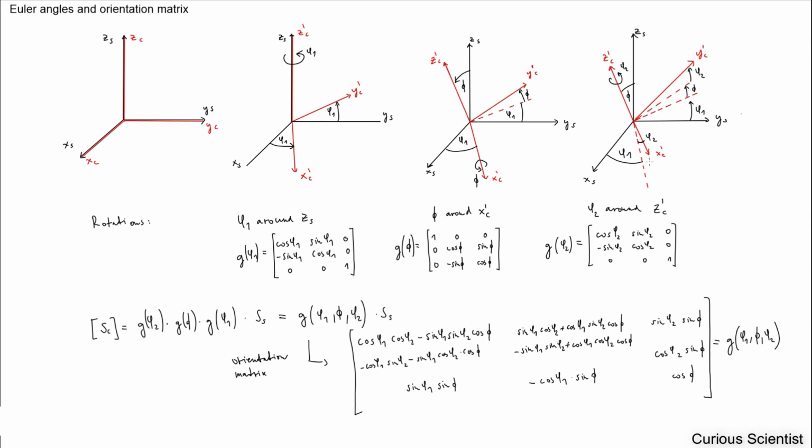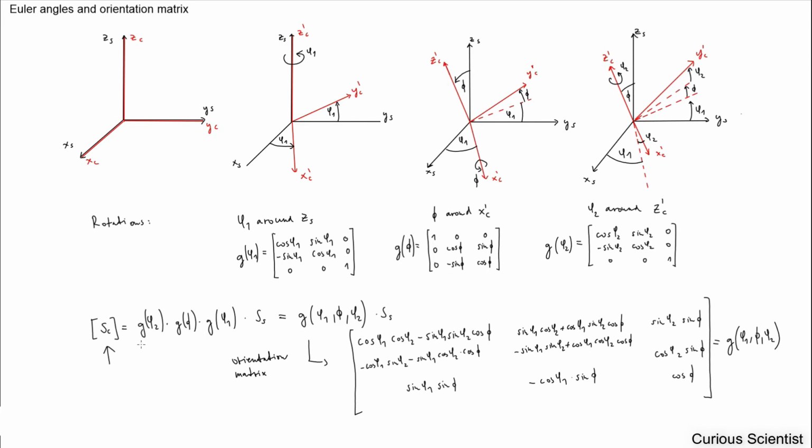We can combine these three consecutive matrices because we can just multiply them and apply this rotation on the specimen coordinate system, or the specimen coordinates. That's what we see here down. We want to express the SC, the coordinates in the crystal coordinate system.